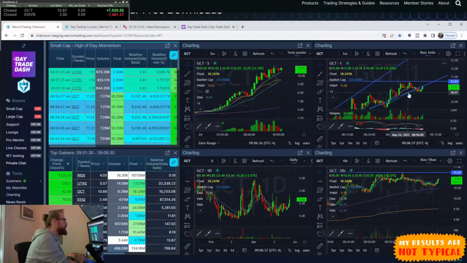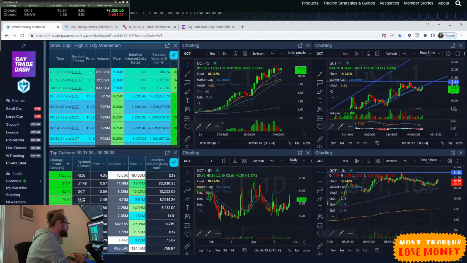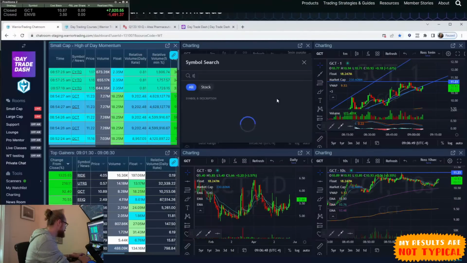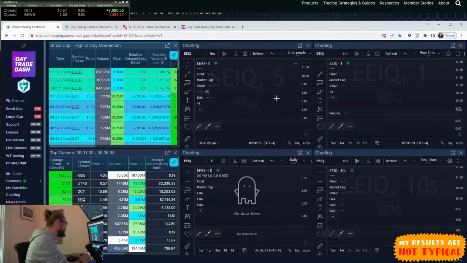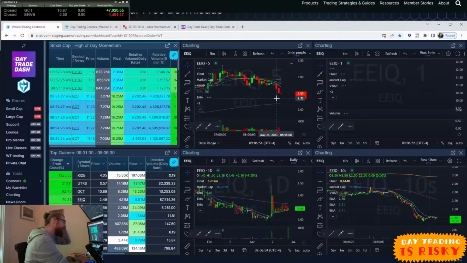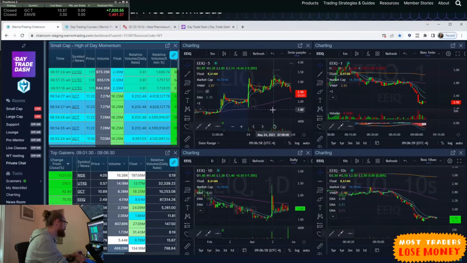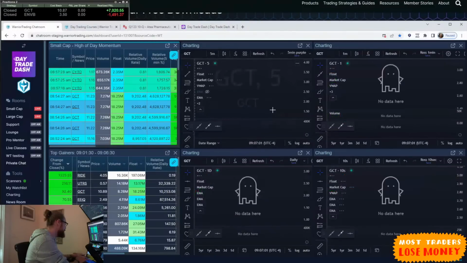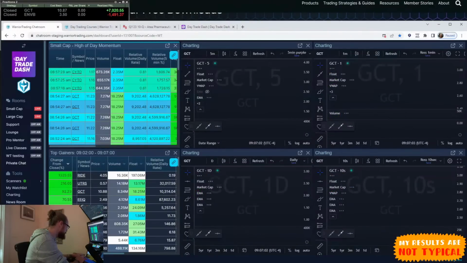Seems like it's kind of under this level. EEIQ, I saw that one earlier. That one popped up right at 7 a.m. from about 280 up to 320, 330. It was okay then, but it's kind of come out of focus. Traders seem to be focusing on GCT right now.